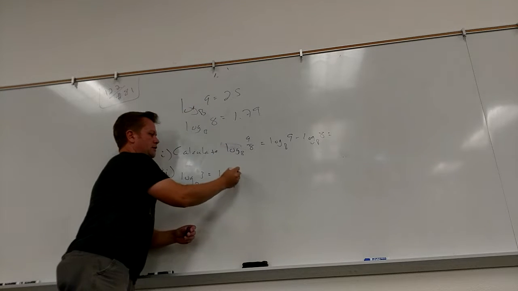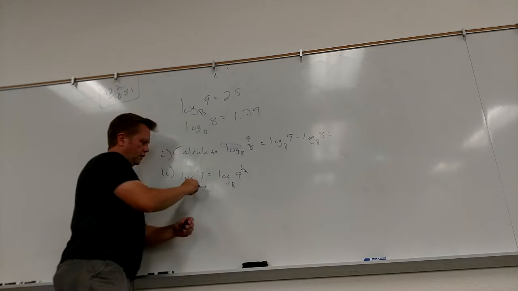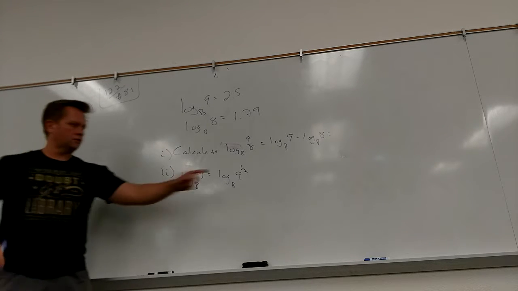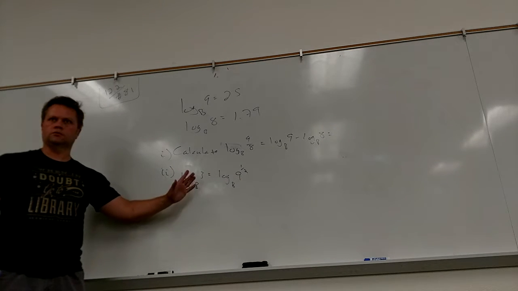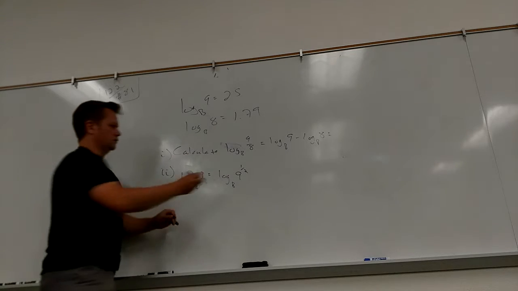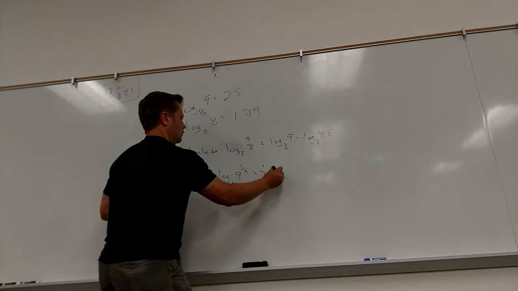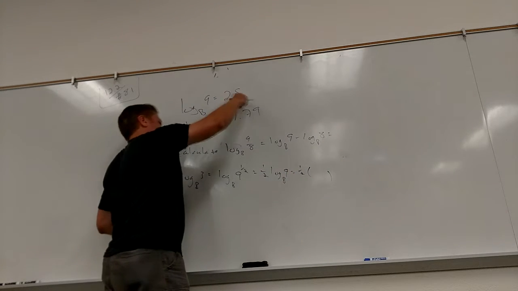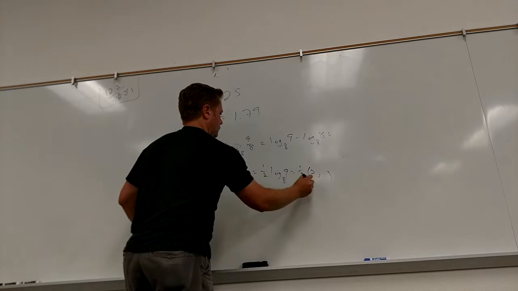Right? 3 is 9 to the 1/2. So if I do this, I haven't changed the question at all. If I answer this question, it's the same as answering this question. But what can I do with this? Take the 1/2 out. And now it's 1/2 of this, 2.5. 1.25.